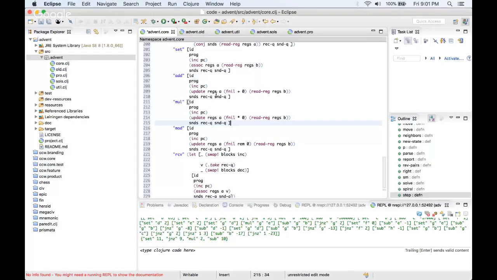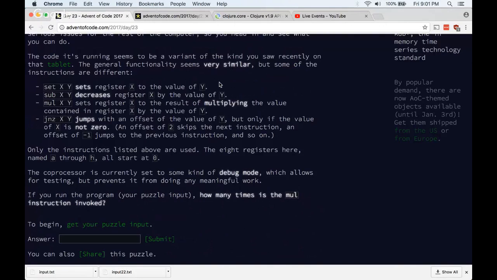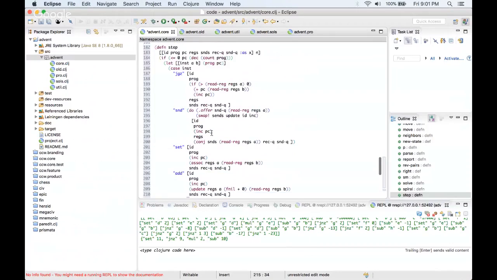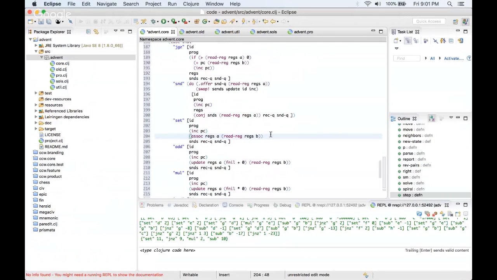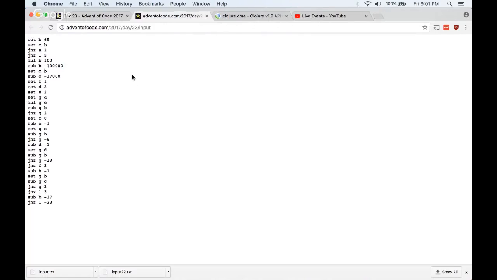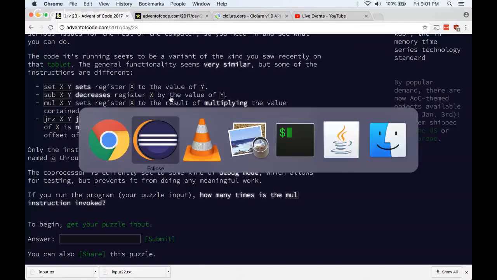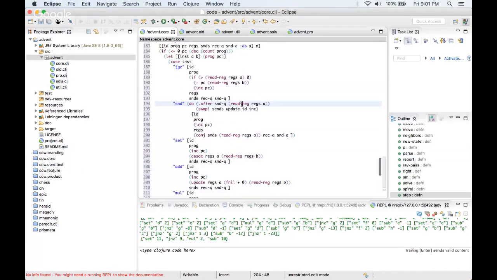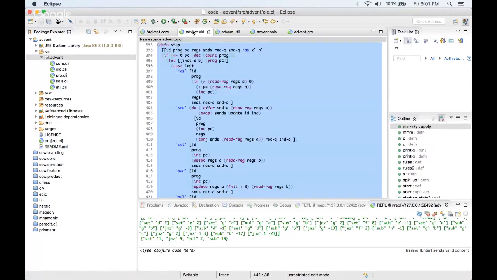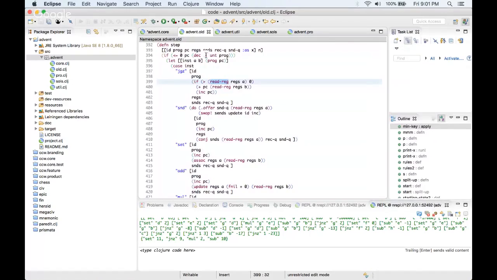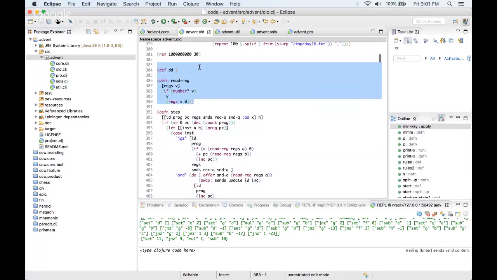Okay, so set x y sets the value. All right, let's take a look. Okay, so set is always okay. So I think I need this read reg definition here too.